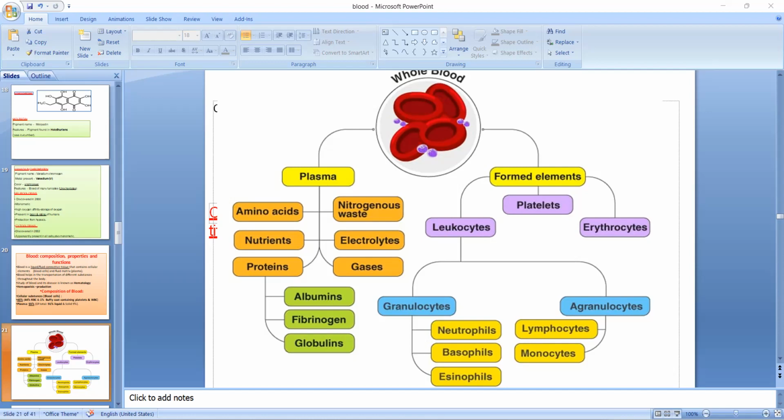In the leukocyte component, leukocytes are divided into two types: granulocytes and agranulocytes. Granulocytes contain granules: neutrophils, basophils, eosinophils. Agranulocytes: lymphocytes and monocytes.